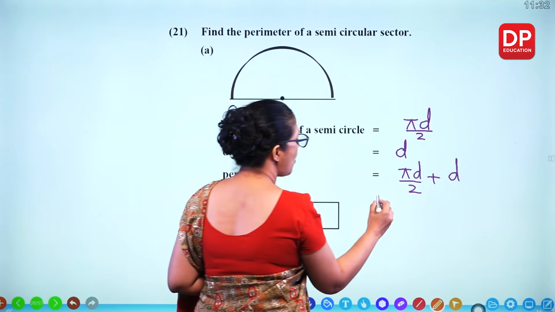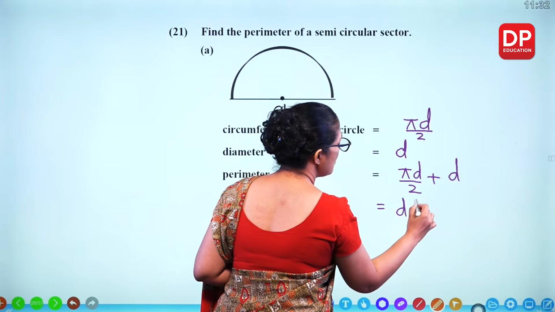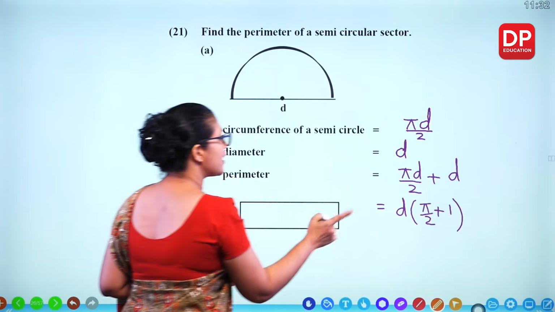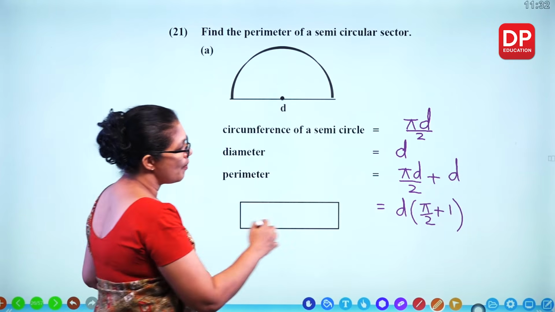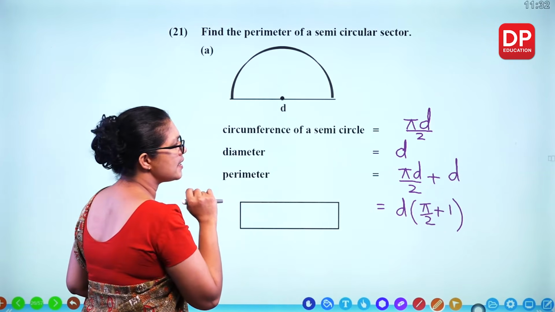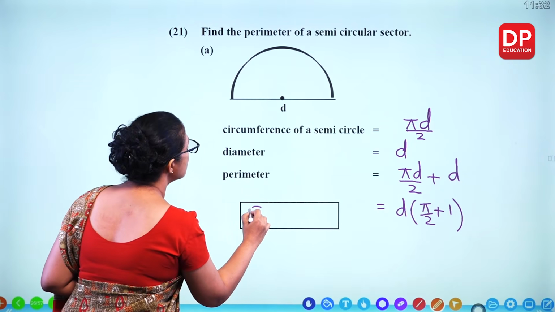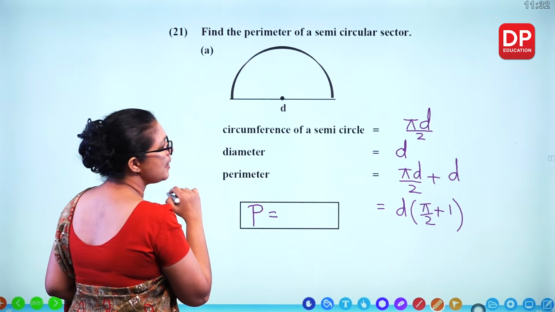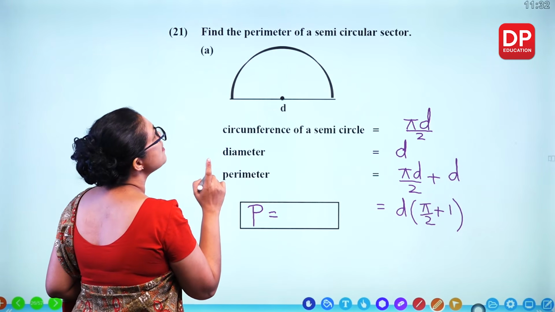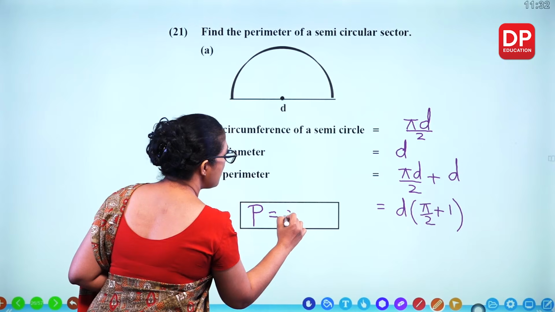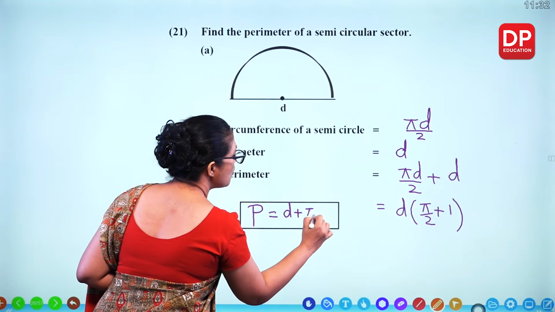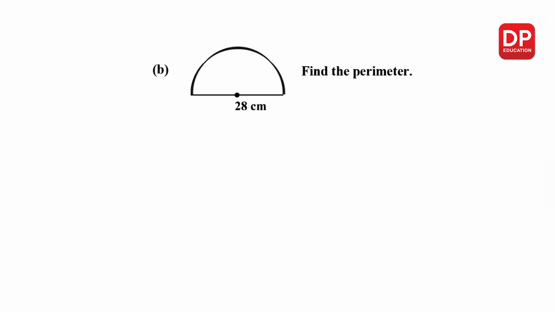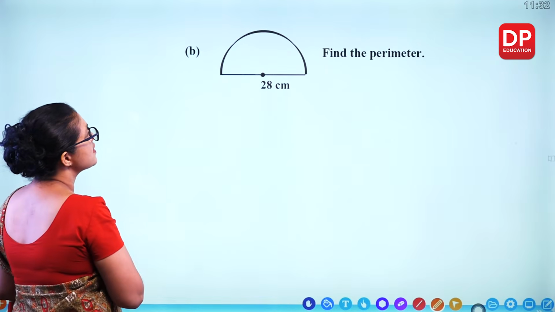I can take d out and write down pi over 2 plus 1. Or I can take the common denominator also, possible, 2 as the common denominator, but I can write this as well. Perimeter, now we can use P. P is the perimeter of the semicircular sector is d plus pi d over 2. Find the perimeter. So what's the d value?